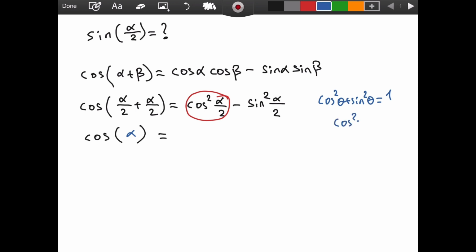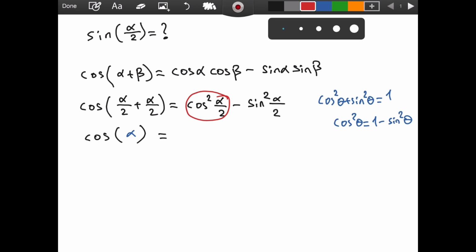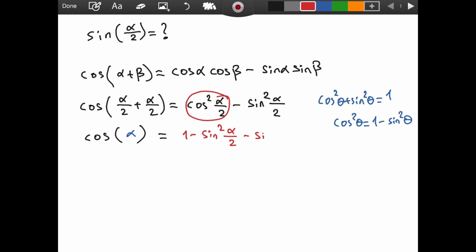Cosine squared of theta is equal to 1 minus sine squared of theta. Cool. Now I can substitute this into our formula. And when I do that, instead of cosine squared of alpha over 2, I am writing 1 minus sine squared of, don't write theta because our theta is alpha over 2 in this case. Then minus sine squared of alpha over 2.